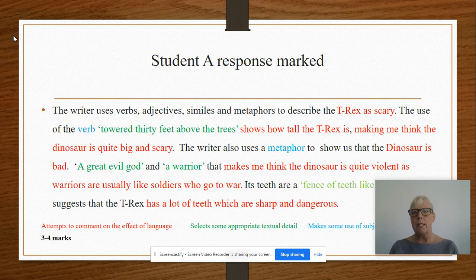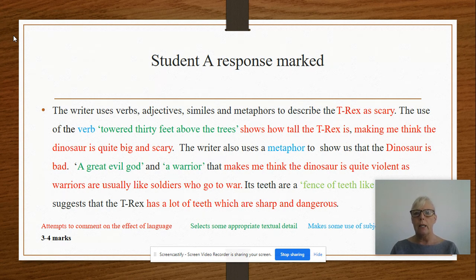Now, this candidate has said the T-Rex is scary. Now, that maybe is a bit of an effect, an overall effect. So give her a little bit of a tick for that. The use of the verb. So here I've got correct subject terminology. Towered 30 feet above the trees.